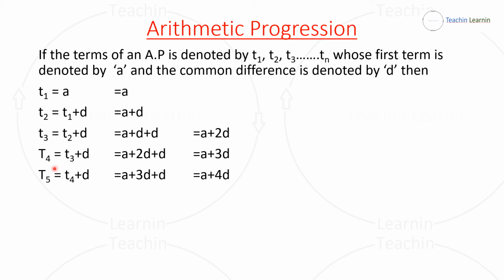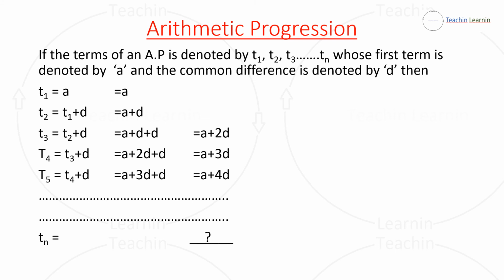In this way you get T4, replacing T3 by A plus 2D, as A plus 3D. In this way you will find that T5 is A plus 4D.